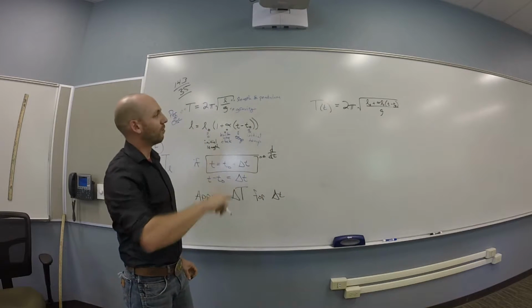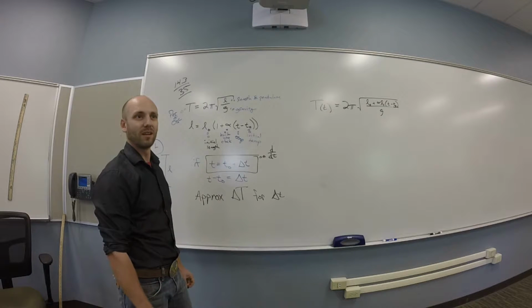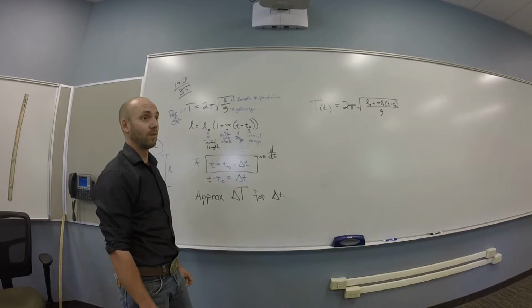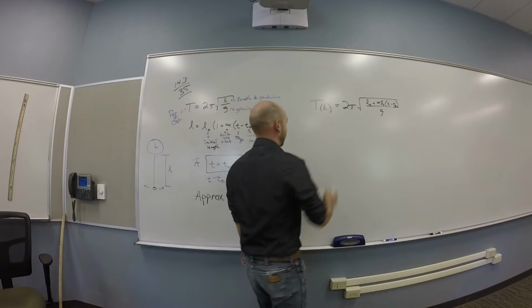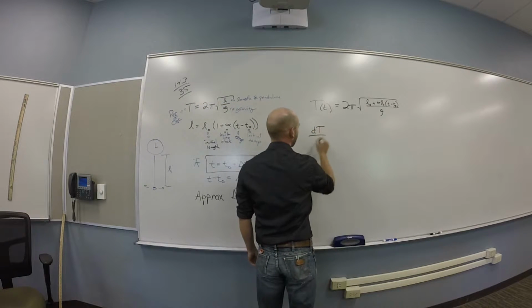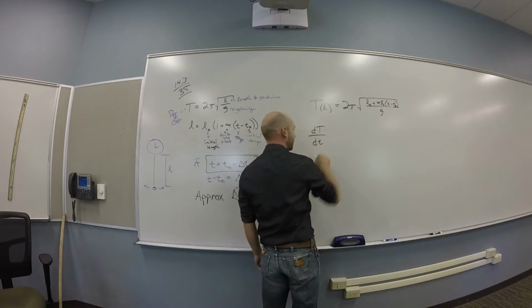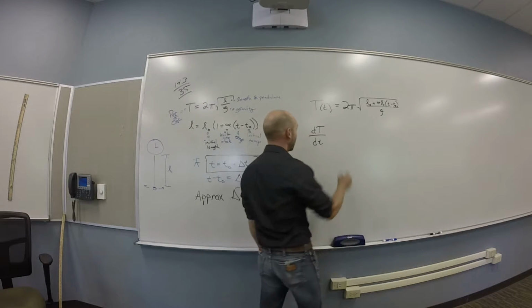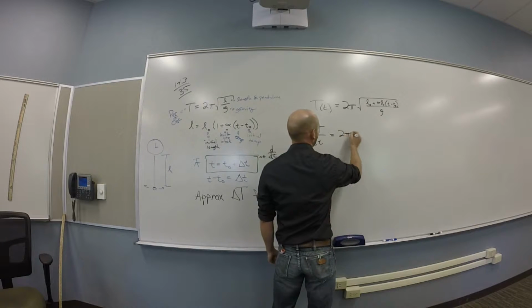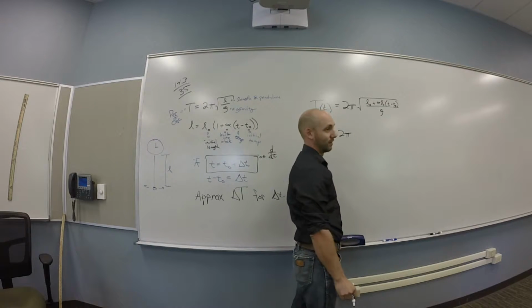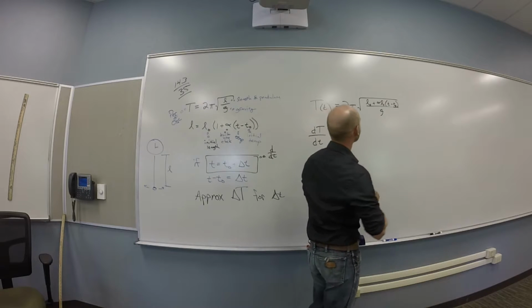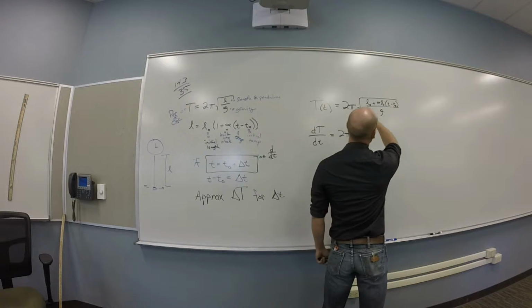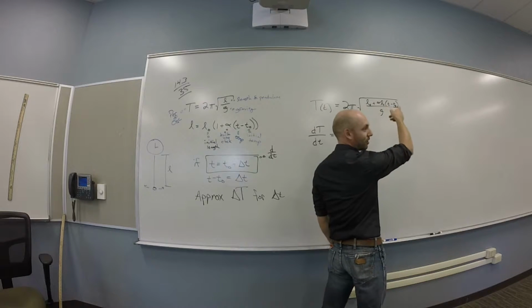So what do you need to do here now? We'd be taking a partial derivative of t. Yeah, except it's not even a partial. It's just the derivative, d/dt. So take capital D, capital T with respect to little t, and you get 2 pi times 1/2, all of that to the negative 1/2 power. It's a function of t under a square root.